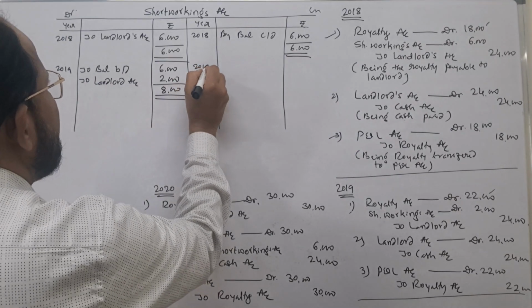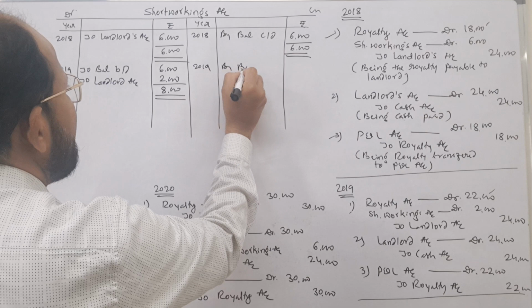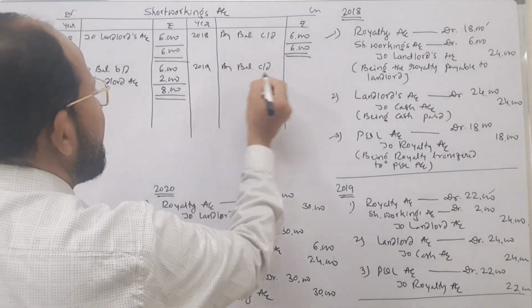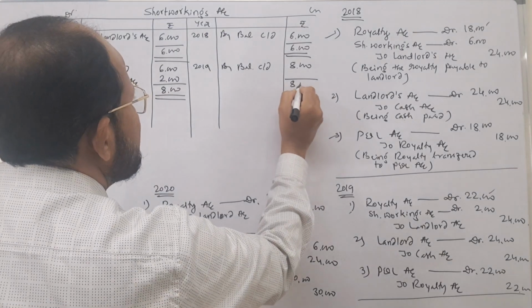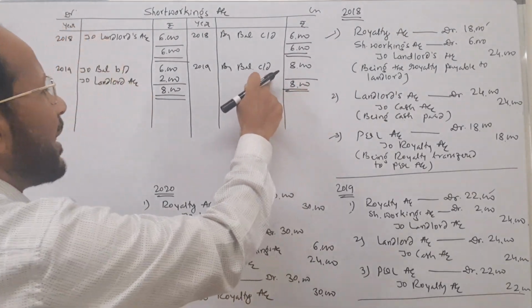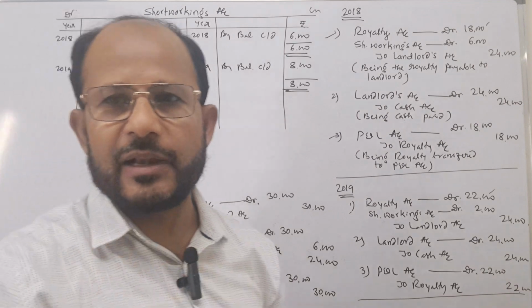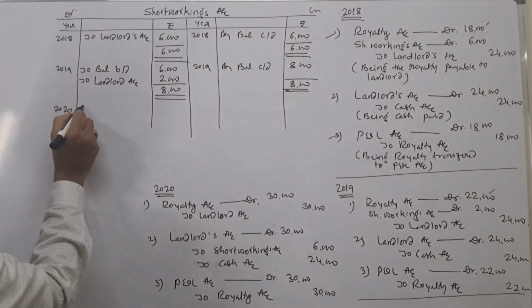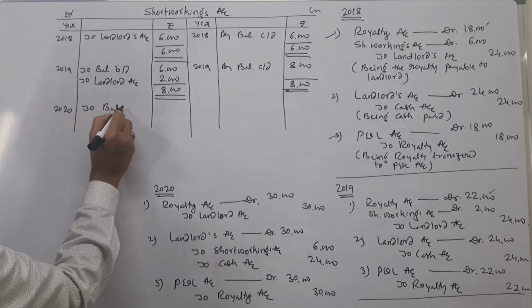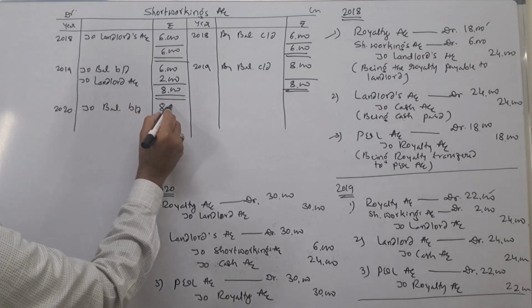In the year 2019, close the account. By balance carried on. What is the amount now? Rupees 8,000. This is the closing balance of short workings in the second year. Therefore, this is to be taken as the opening balance in the year 2020. To balance brought down rupees 8,000.